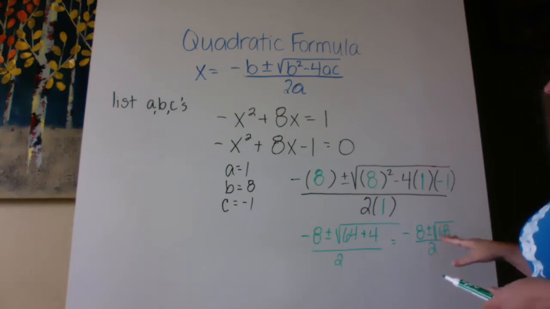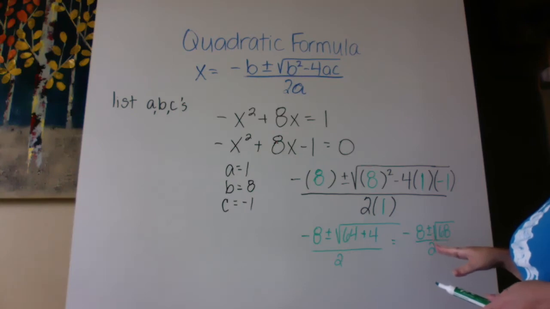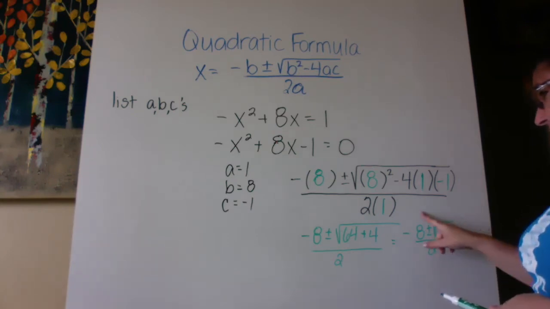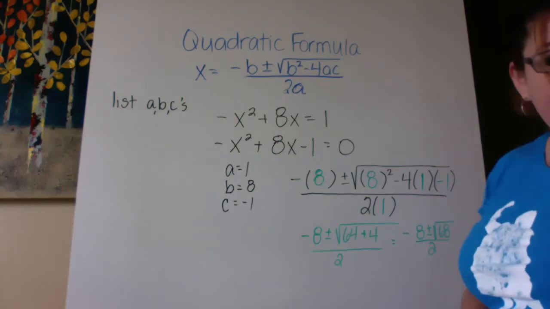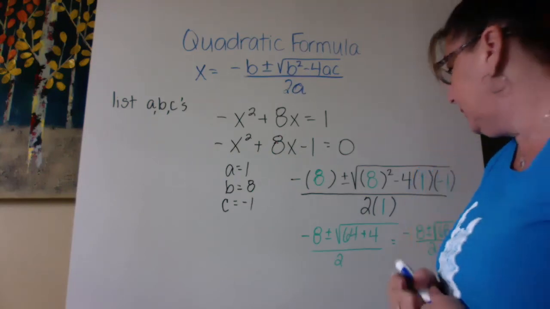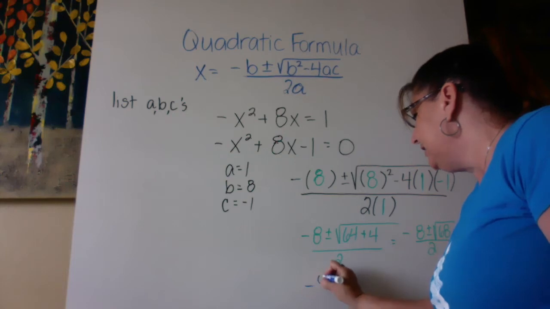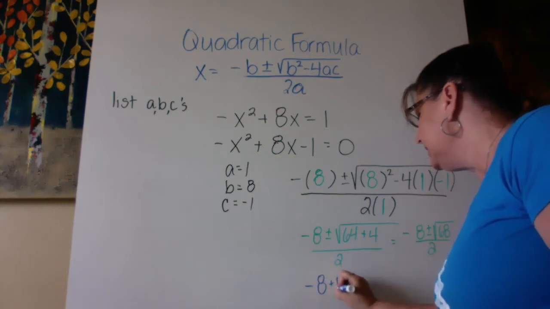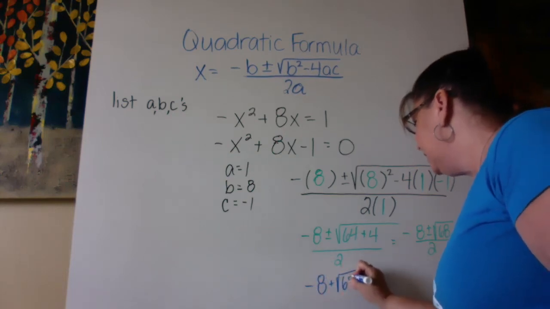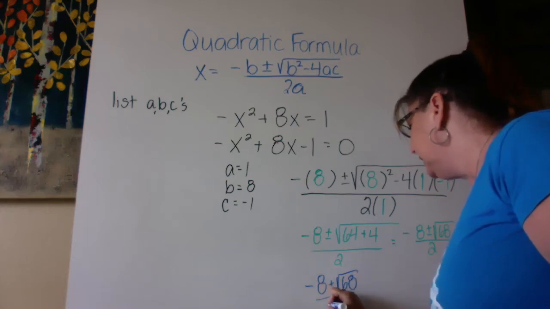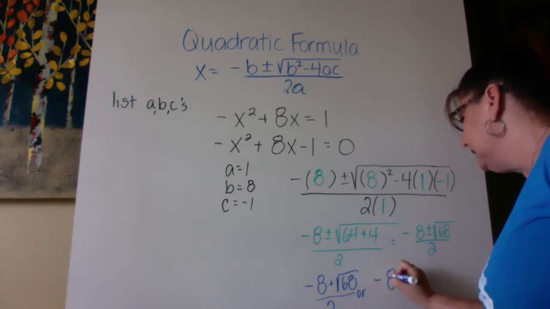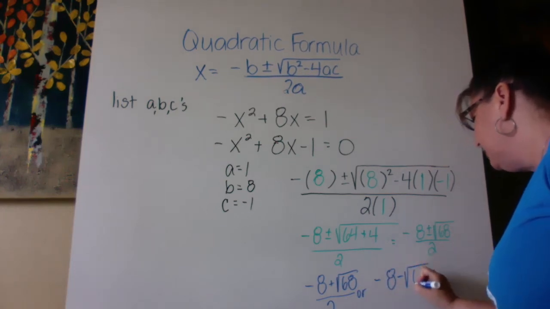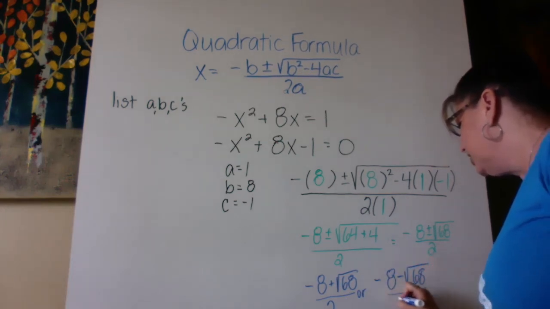Now, first of all, I hope you recognize that this is actually 2 solutions. I have -8 plus the square root of 68 over 2, or I have -8 minus the square root of 68 over 2.